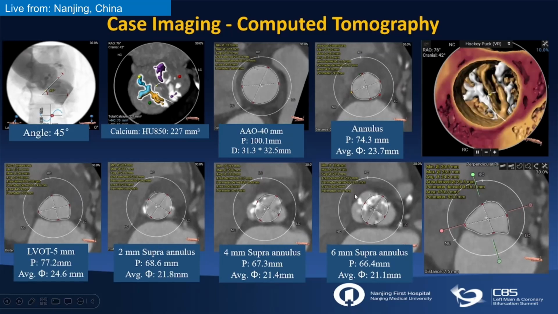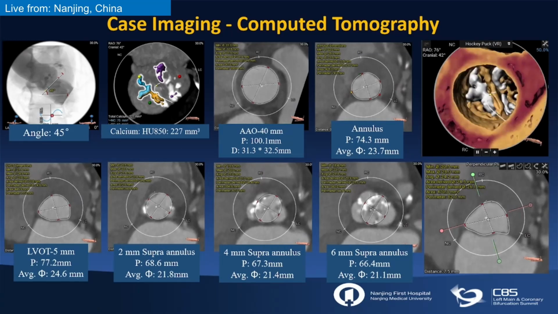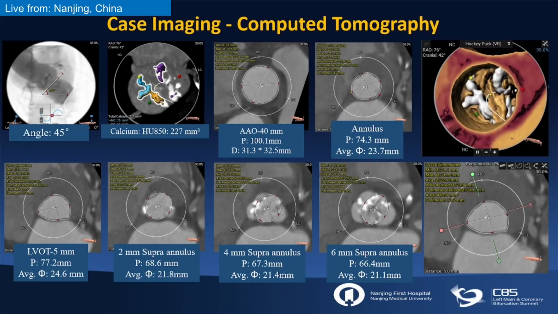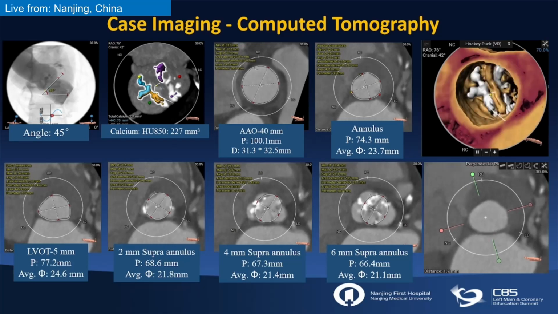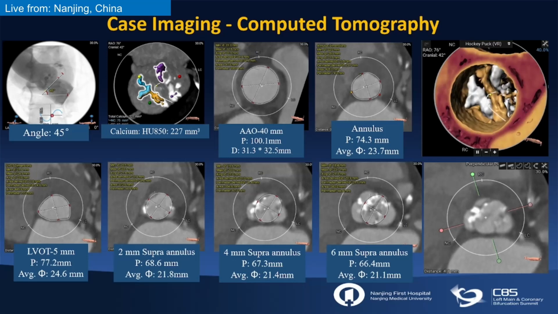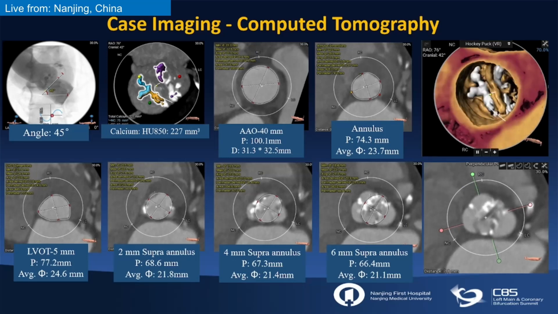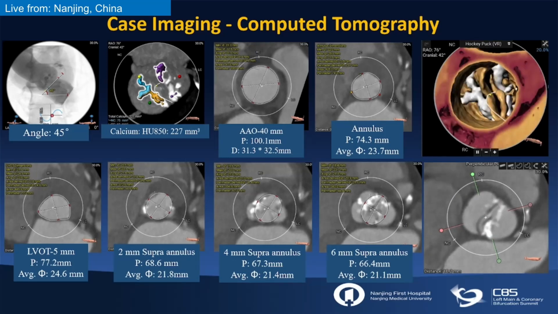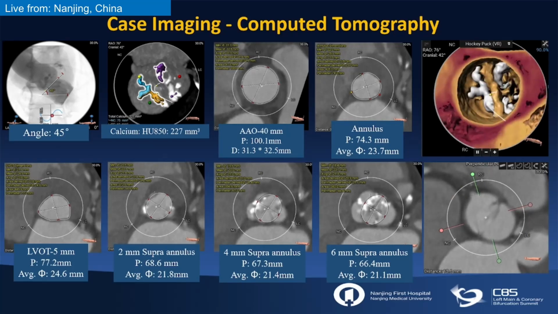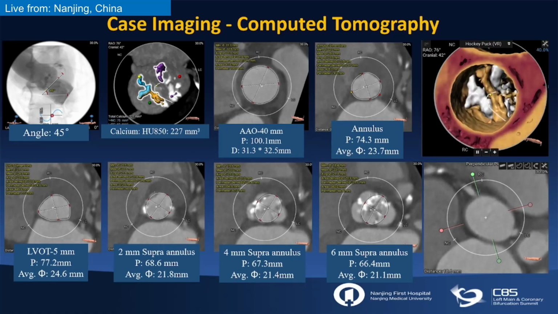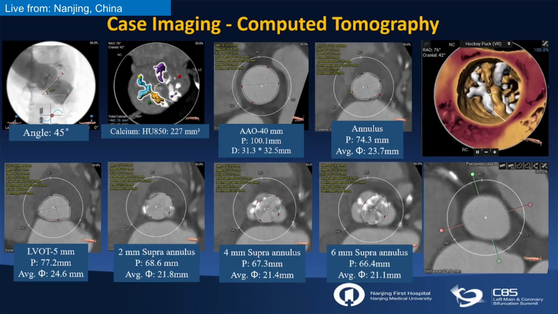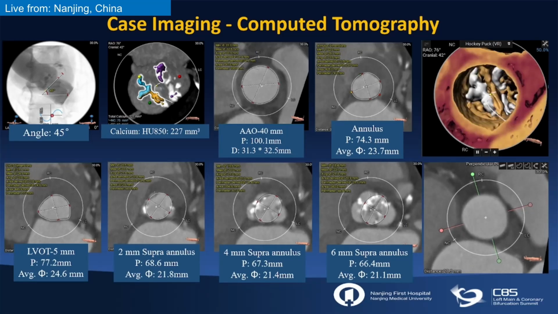So CT analysis is very important for the TAVI procedure. So you can see it's a moderate to severe aortic stenosis with calcium score. And also you see there is a typical bicuspid valve, type 1 bicuspid valve. There is a raphe at the left side. And also you can see the calcium volume is 227 cubic millimeters. It's moderately calcified.